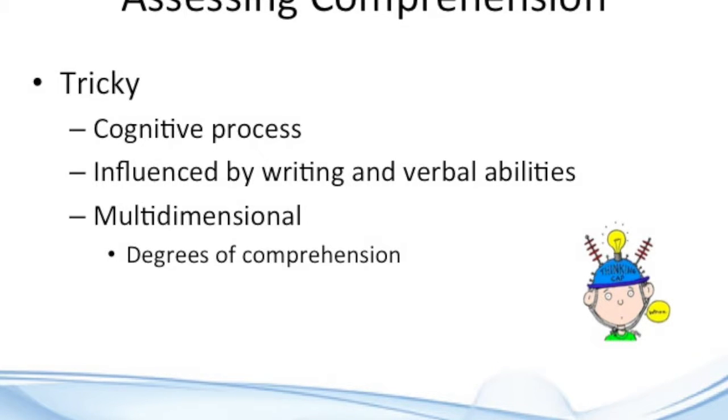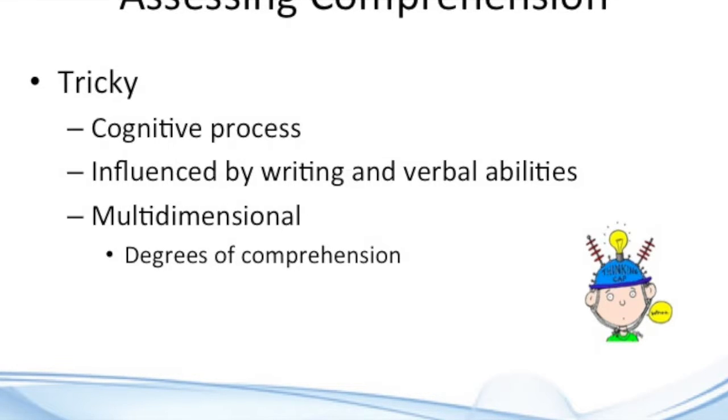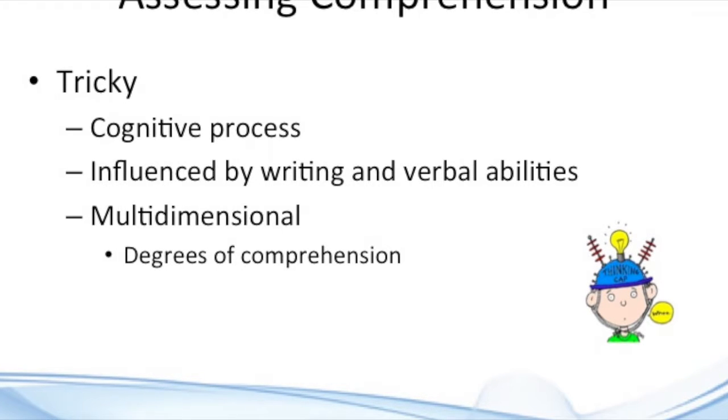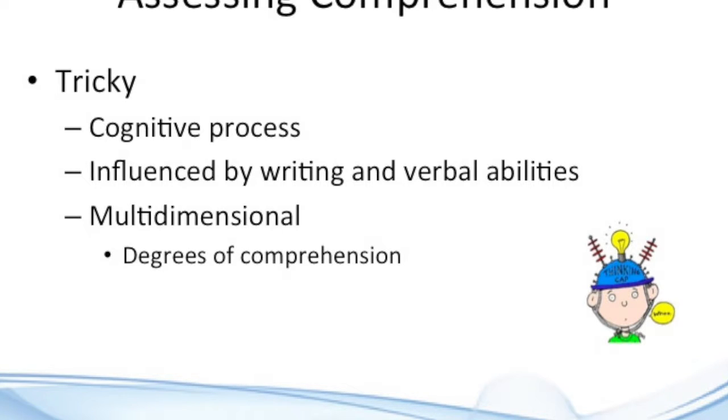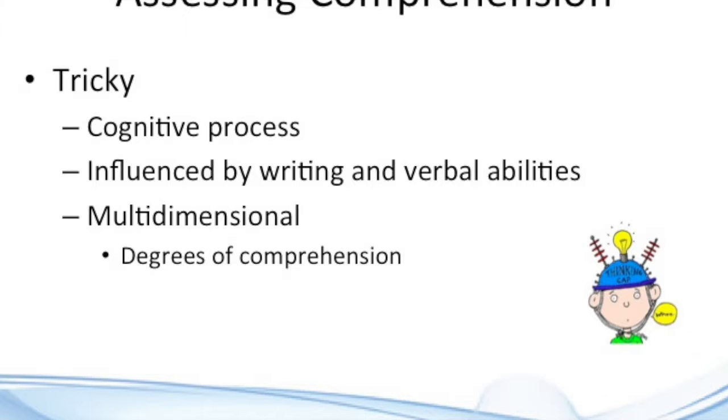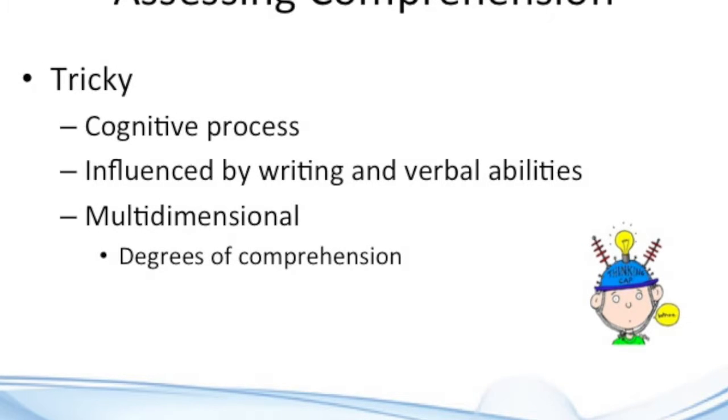If we ask students a question and they respond verbally, their ability to verbalize certainly has an impact on whether or not they can share what it is that they understand from the reading. Same thing with writing, and actually in many cases to a greater degree.